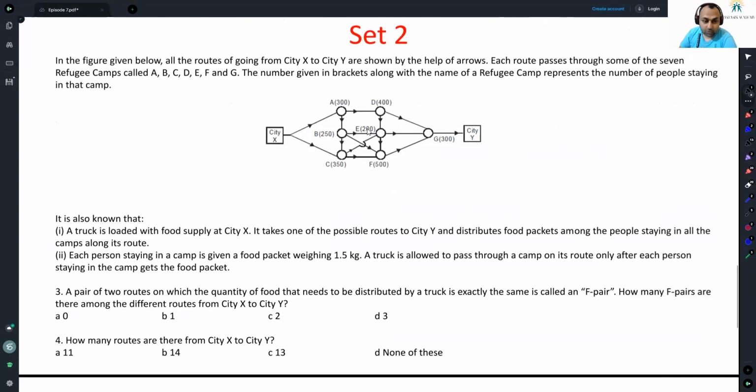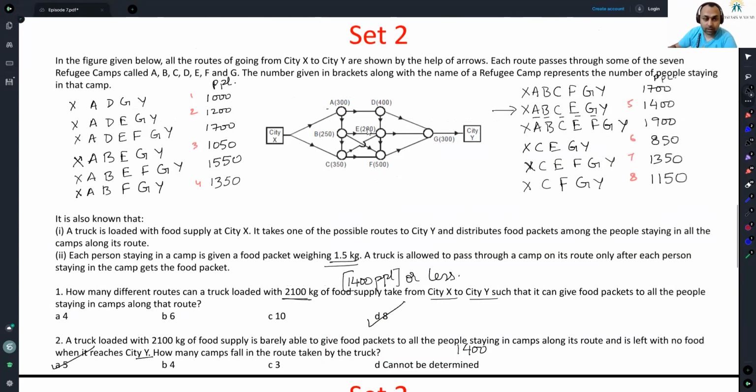Okay, a pair of two routes on which the quantity of food that needs to be distributed by a truck is exactly the same is called an F pair. How many F pairs are there among the different routes? Okay, let's see if I find something similar. 1000 no, 1200 no, 1700 yes, 1700 and 1700, 1050 no, 1550 no, 1350 yes.